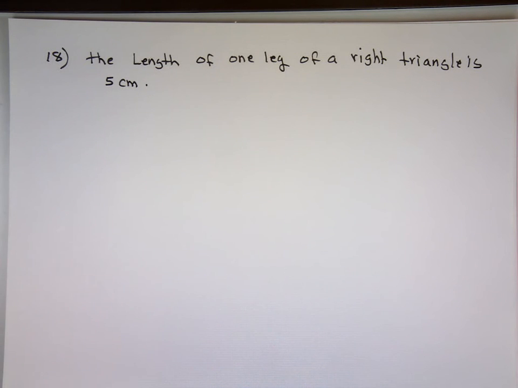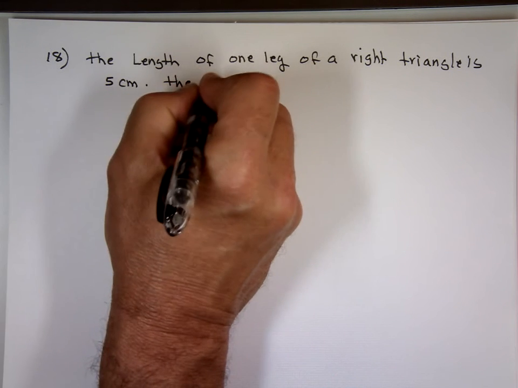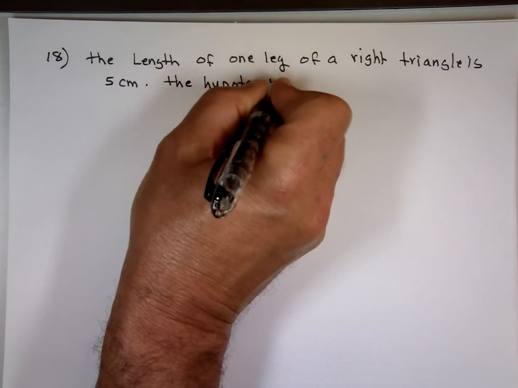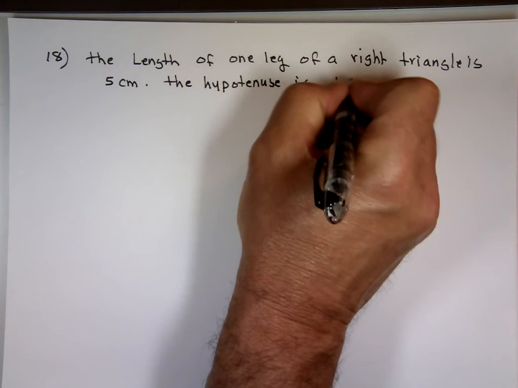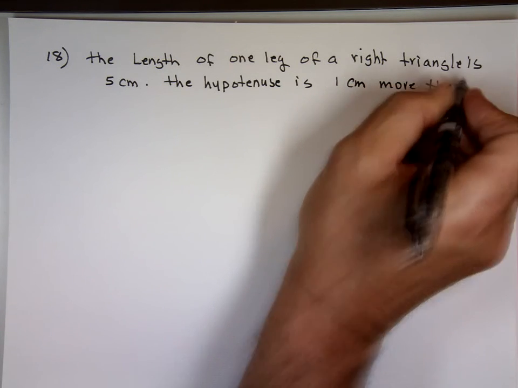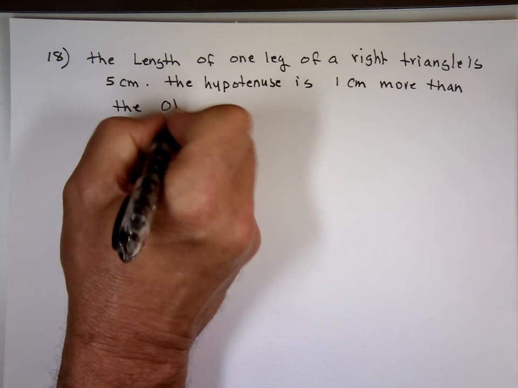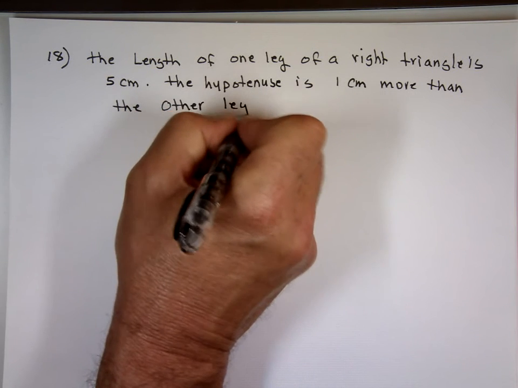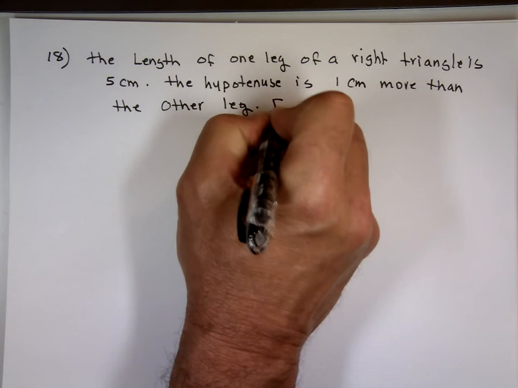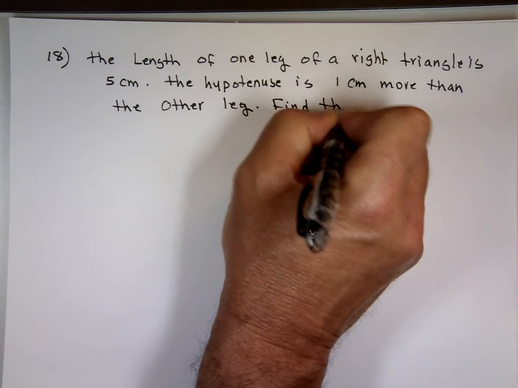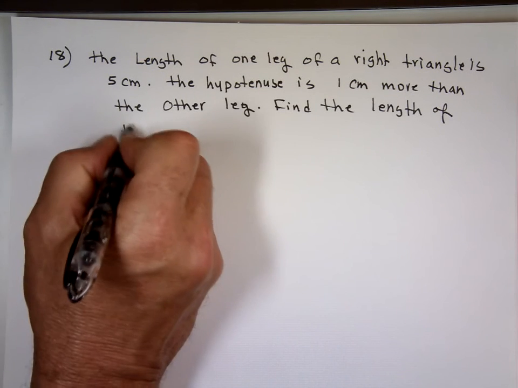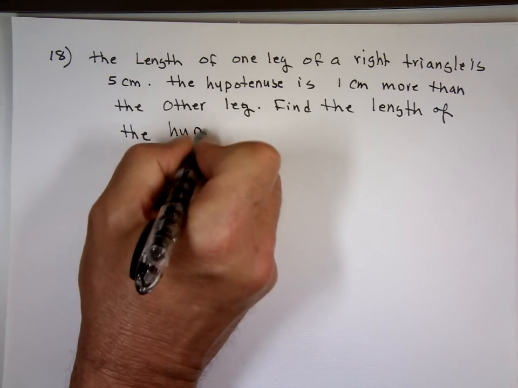The hypotenuse is 1 centimeter more than the other leg. Find the length of the hypotenuse. Sounds like a lot of writing.